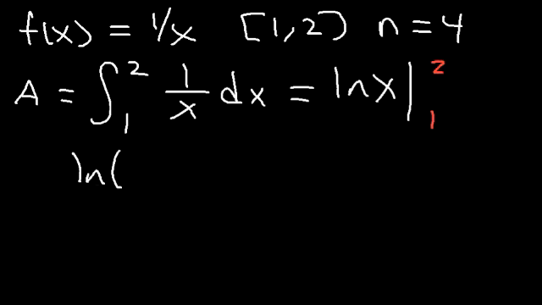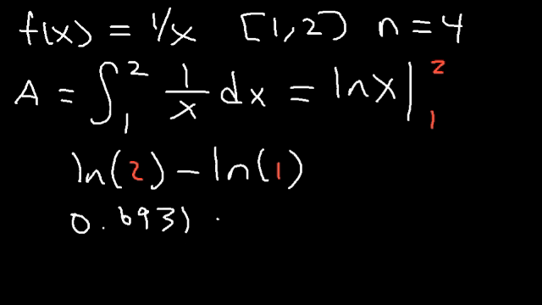So ln 2 minus ln 1. ln 2 is about 0.6931, and ln 1 is 0. So the area is approximately 0.6931.